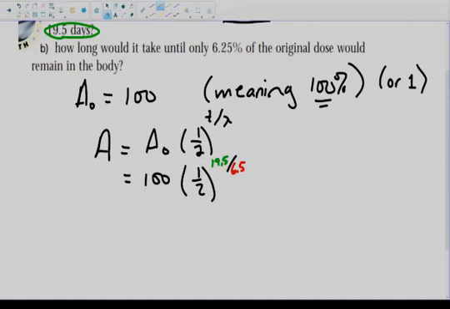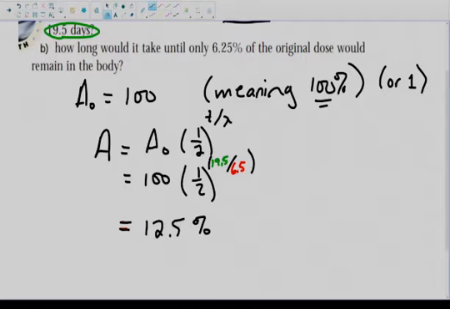And I'm getting 12.5 as my final answer. And 12.5 looks like it's good. Now this 12.5 is based off of our 100, so technically this is a percentage.